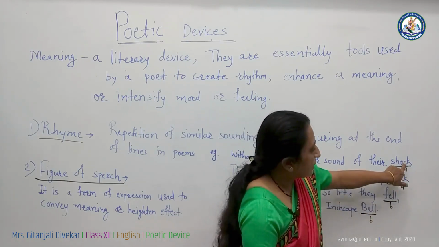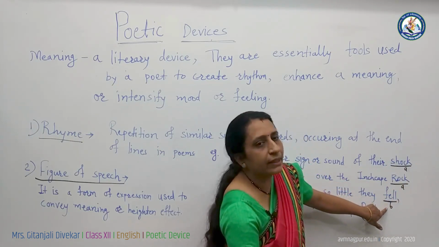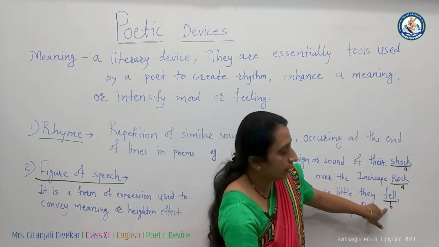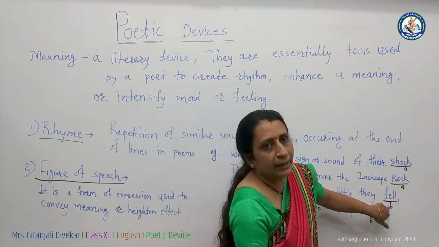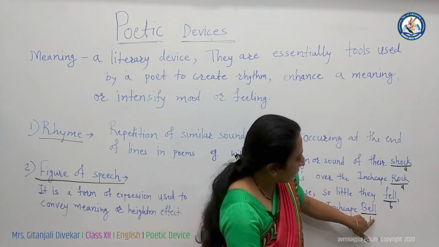Fell is not matching with the first two lines. That is why we have to denote the rhyme scheme of this word with another alphabet, that is B.